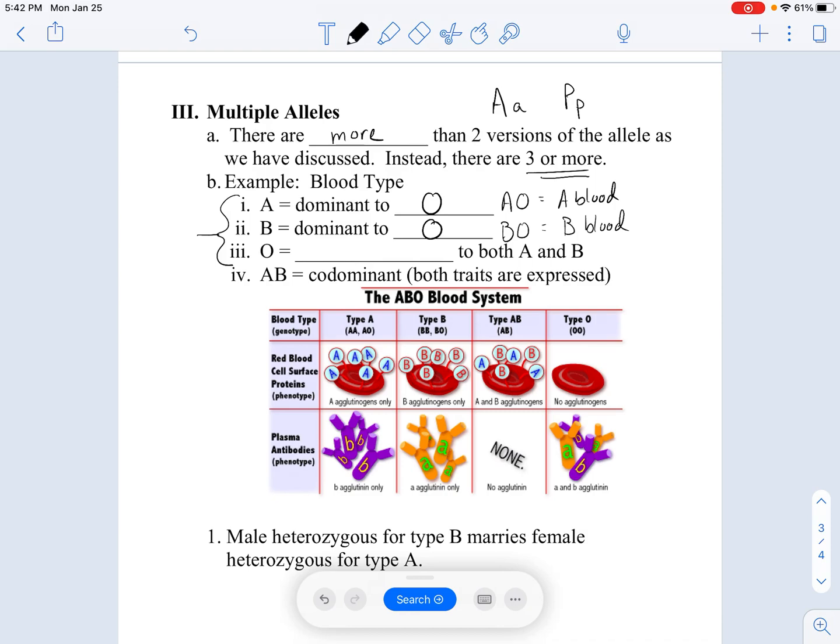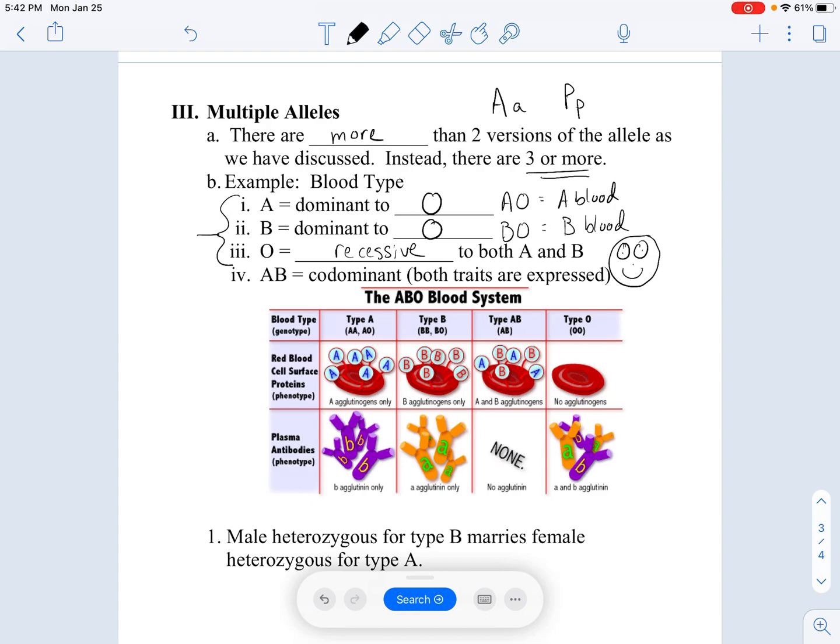The only way to have O blood is to get 2 O's. And so O is actually recessive to both A and B. Now you might think, well, O must be the least common blood type, but actually it is the most common blood type. Of all of the blood types, O is actually, even though it's recessive, the most common.